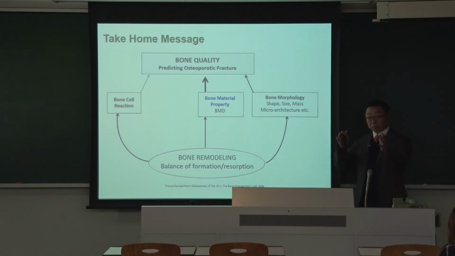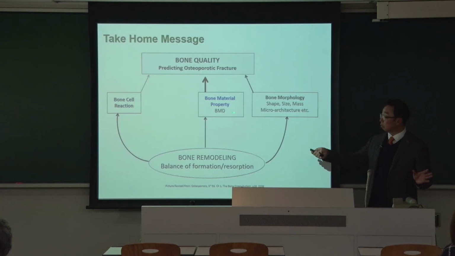So using images, we can approach bone quality. Or the clinical, most common, easiest and cheapest way to approach bone quality is the bone mineral density. But again, we don't have accuracy over 50% of predicting fracture.